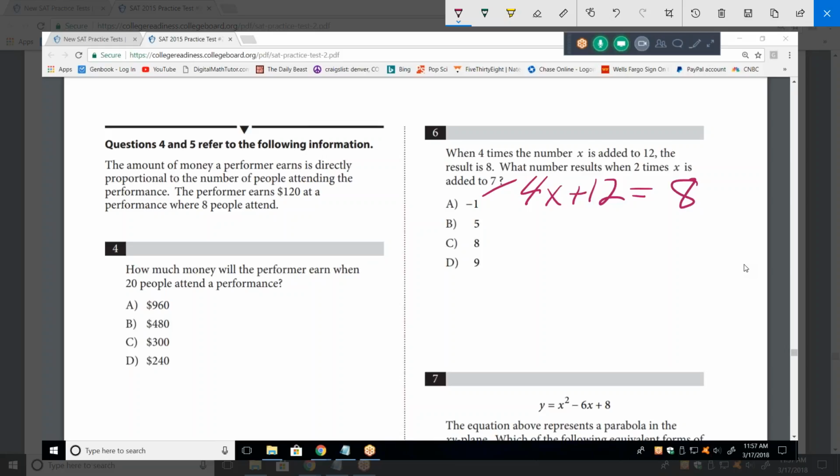So x equals -1. Now the rest of it's easy. What number results when you do 2 times x plus 7? What's that equal? Let's see, 2 times -1 is -2, plus 7, 5. Correct.